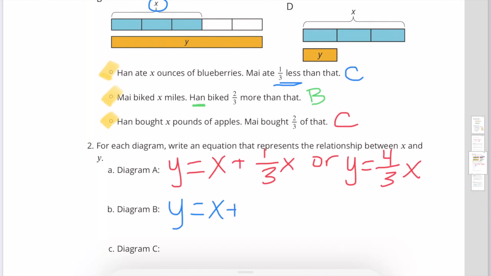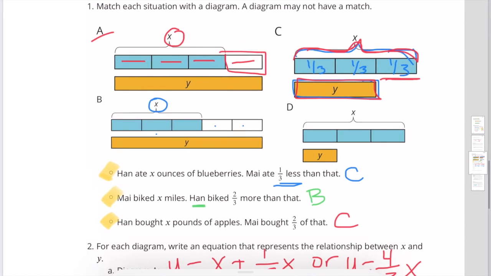And since it's more, it's plus what? Should be plus 2/3 of X. So to simplify that, we could write Y equals, we have 1/3, 2/3, 3/3, and then 2 more, which would be 5/3.